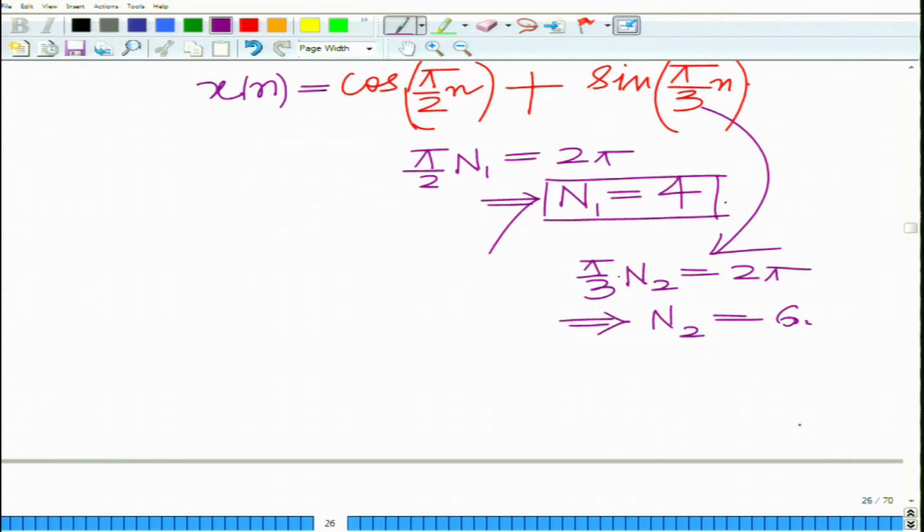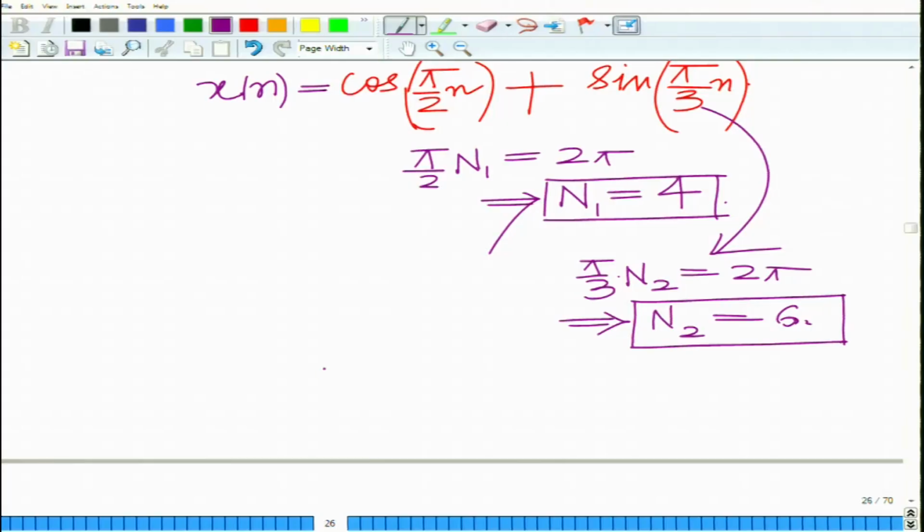So, the period of the first component, that is cosine pi by 2 n, is 4, and the period of the second component, that is sine pi by 3 n, is 6, and the period of the sum is therefore the least common multiple, because it has to be a multiple of both, and therefore the minimum possible such length is the least common multiple of these.